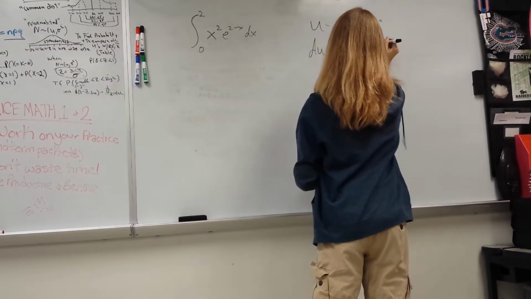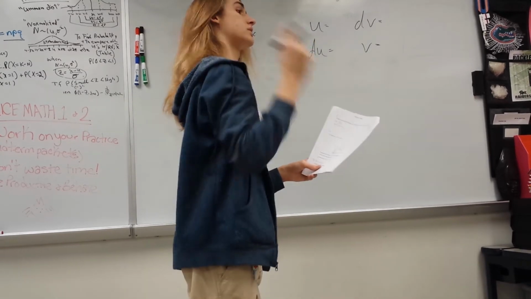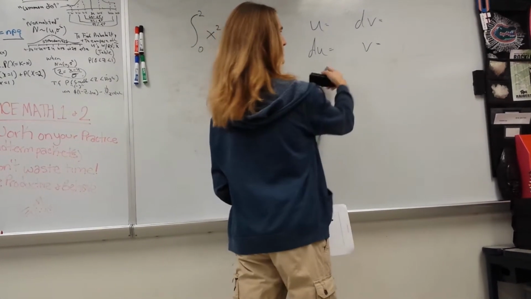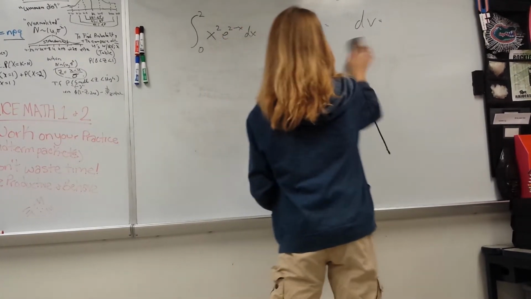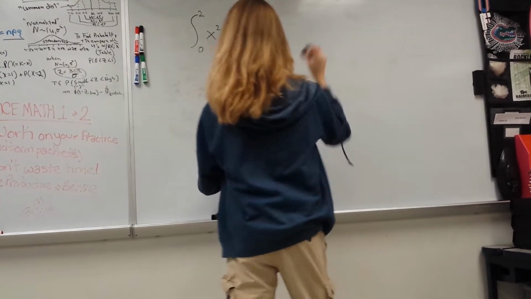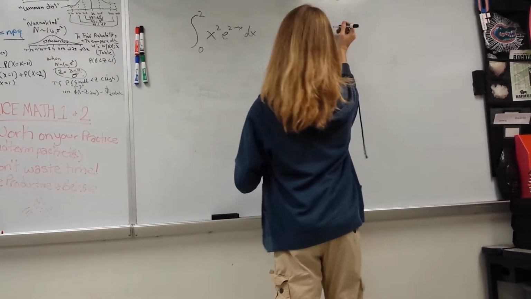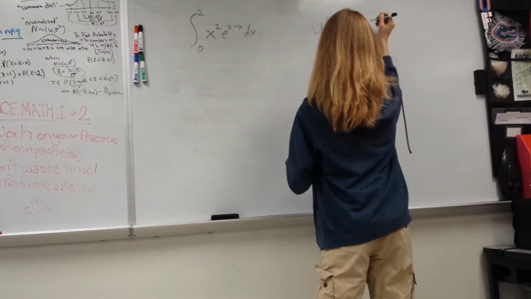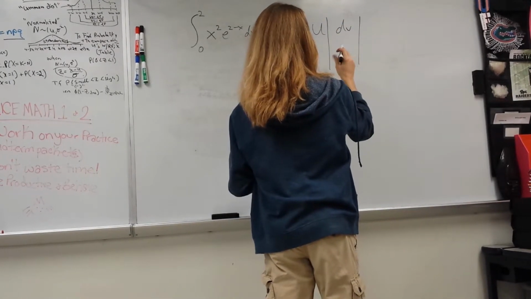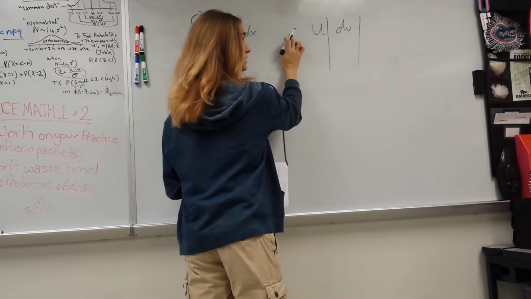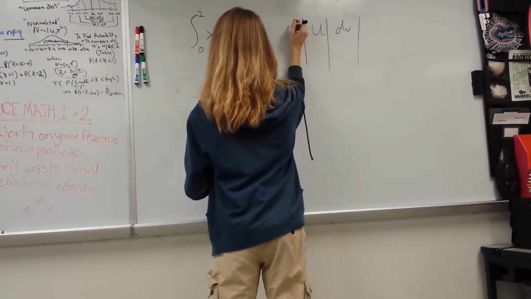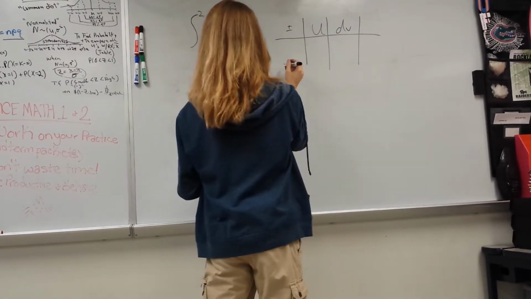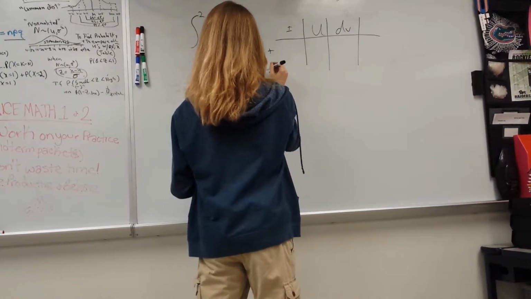We can get down to 0, but we don't need to do that anyway. The chart is U and DV, and it's positive, negative, positive, negative, on the left side, left column. I'm just going to say that's a label. Okay, so it's going to be a positive, a negative.